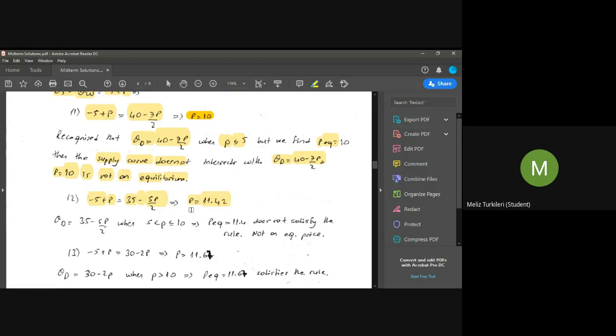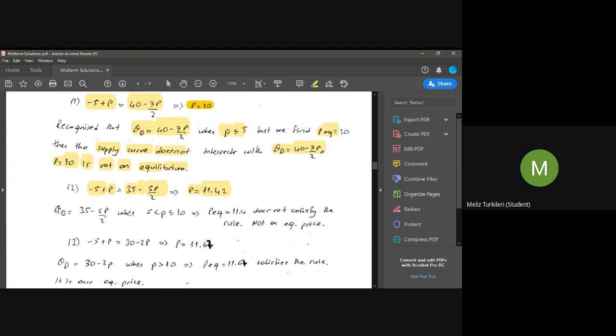Again, check the price level. We know that our demand function is equal to this amount when the price is between 5 and 10. But since we found the equilibrium as 11.4, which is more than 10, this level does not satisfy the rule. This is not an equilibrium price.